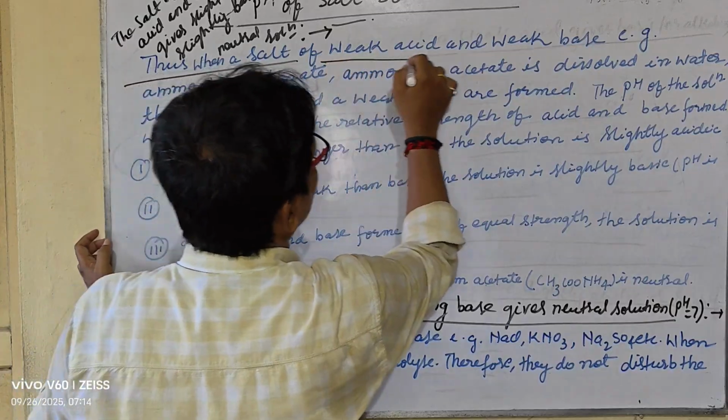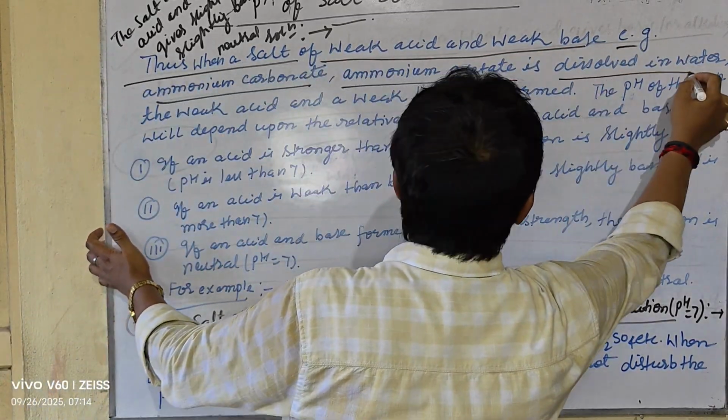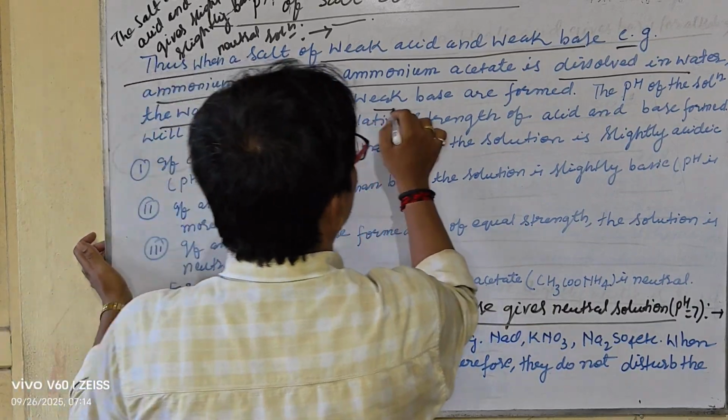Thus, when salts of weak acid and weak base, for example ammonium carbonate or ammonium acetate, are dissolved in water, a weak acid and a weak base are formed.